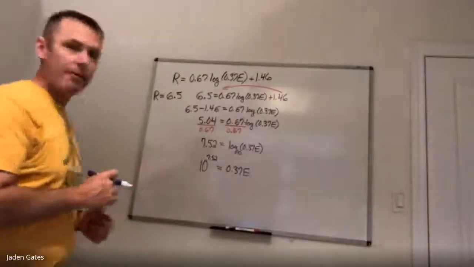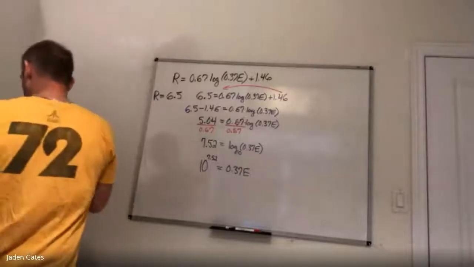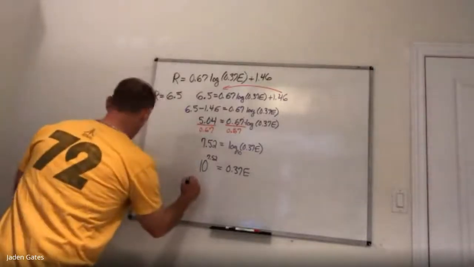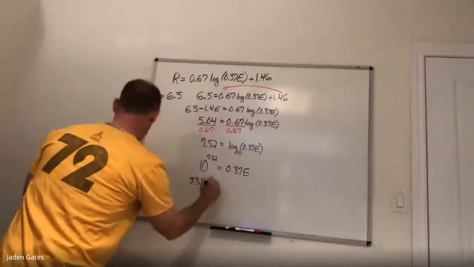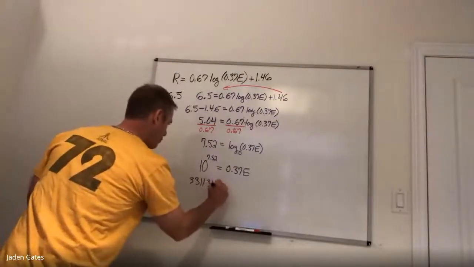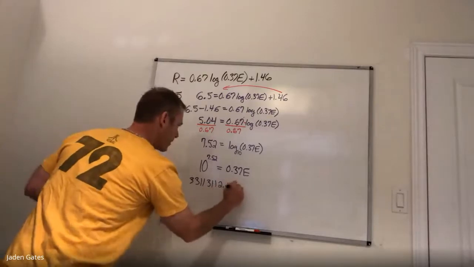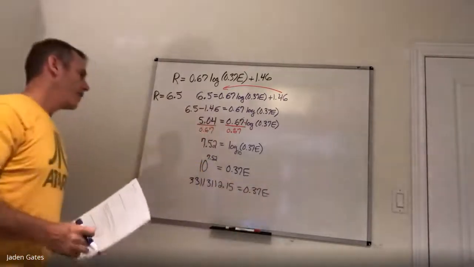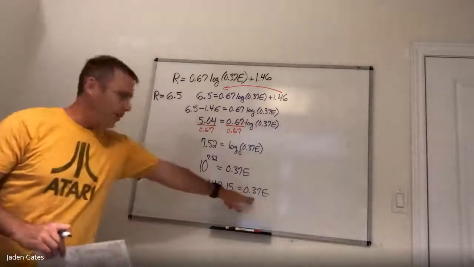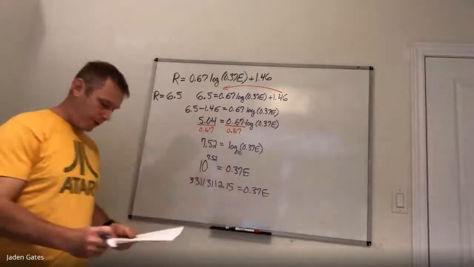Now, if I take 10 to the power of 7.52, here's the number I'm getting. 33,113,112.15 is equal to our 0.37E. Then I'm going to divide both sides by that 0.37, by a numerical coefficient.